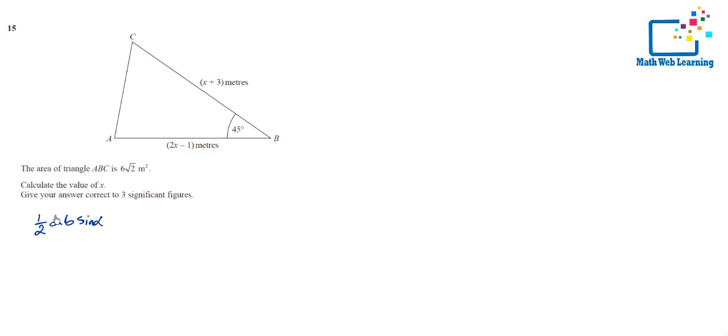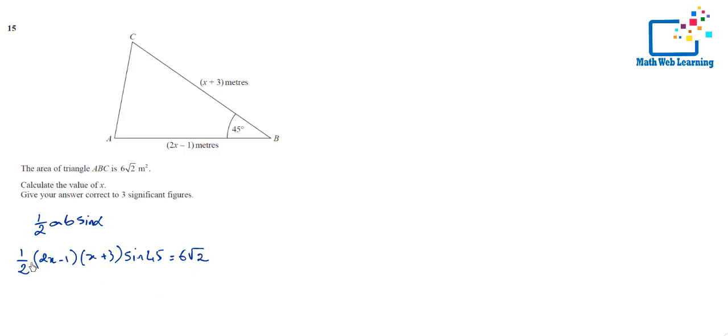So let's start substituting into the formula. I'm going to choose a as 2x minus 1 and b as x plus 3, and times sine 45, and that gives me the area, which is 6 square root of 2.